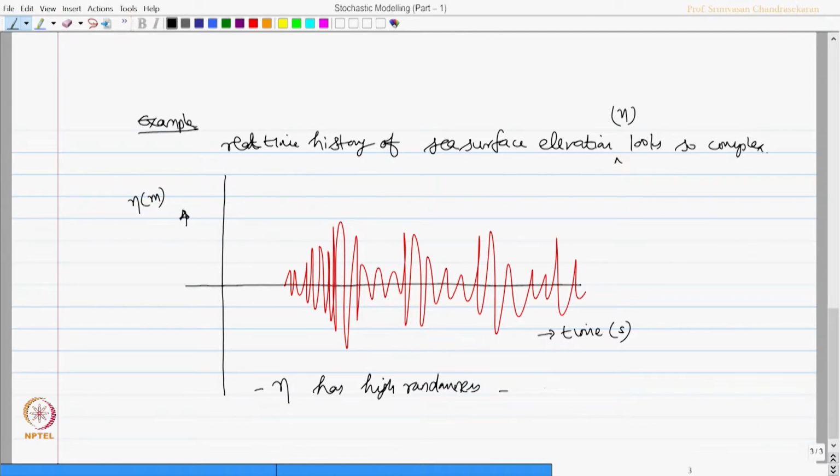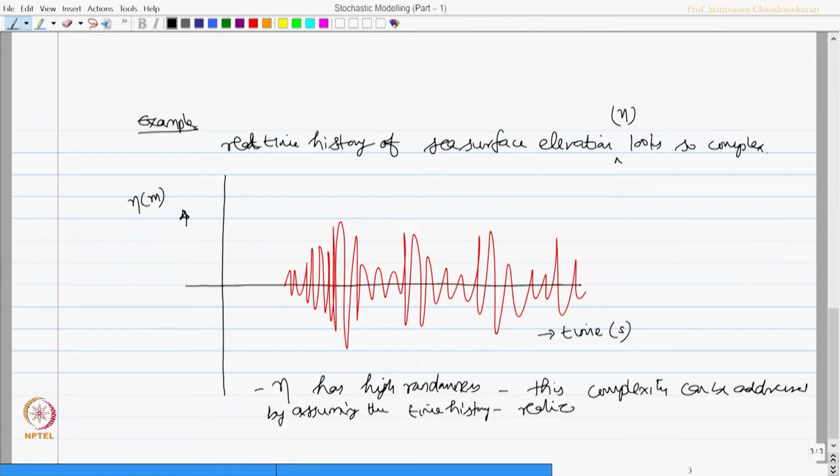So, this complexity can be addressed by assuming the time history as a realization of an ergodic stochastic process.